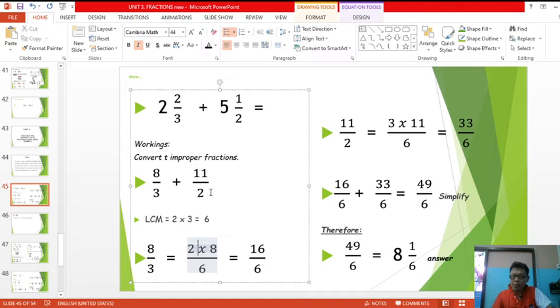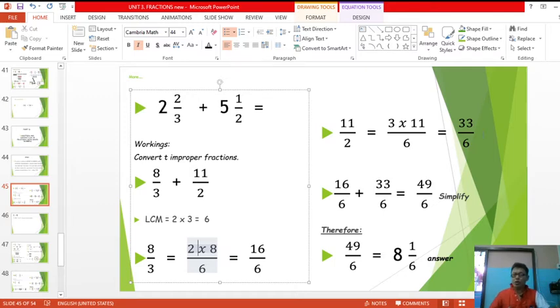Our common denominator is 6. 6 divided by 2 is 3, right? Times this numerator, 11, so 3 times 11. Our product is 33 over 6. So the equivalent fraction of 11 over 2 is 33 over 6.